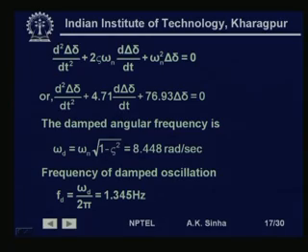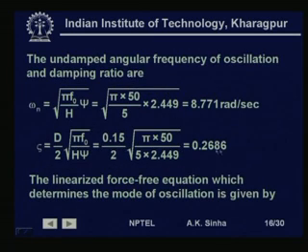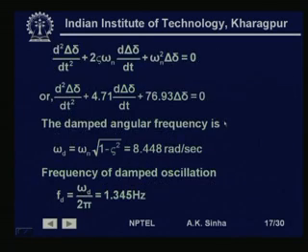Then we get this expression as d2 delta delta by dt2 plus 4.71, twice zeta omega n value, into d delta delta by dt plus omega n square, which is 76.93, that is omega n we had seen here and zeta we have seen here. So, substituting these values, we will get 76.93 delta delta, this is equal to 0.